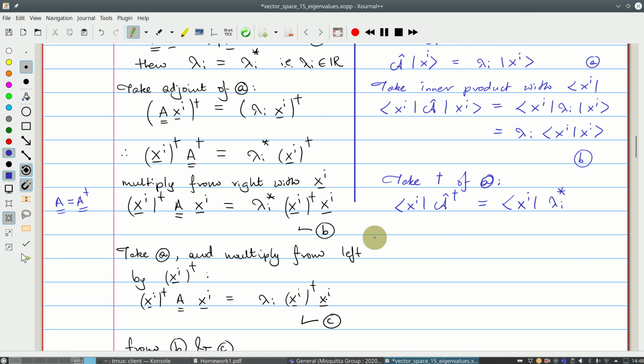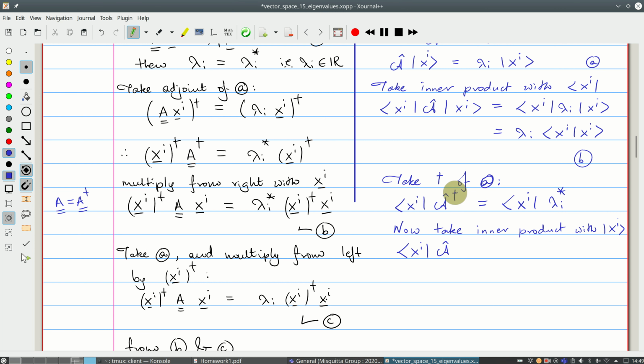Now we take the inner product with the ket xi. So what we get then is xi A hat.